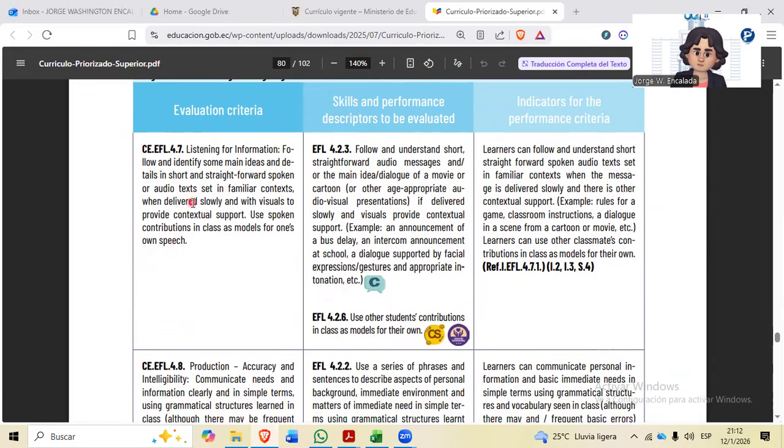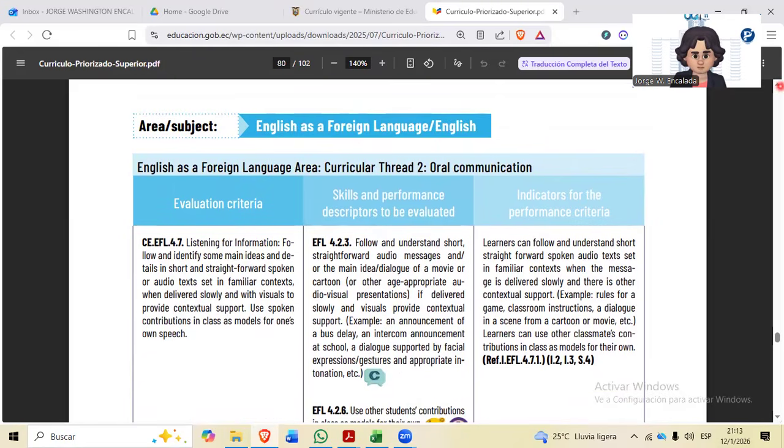Remember that this one follows continuity here in order. And for this one, it's EFL, superior, curricular thread number 2, and this is the digit that corresponds with that, the last digit, right there.